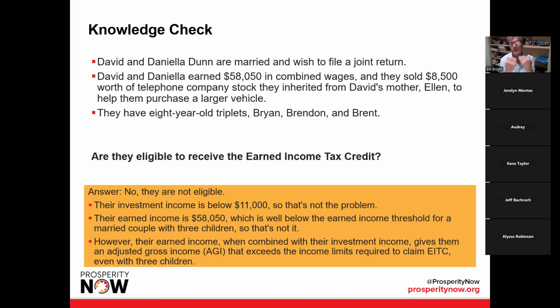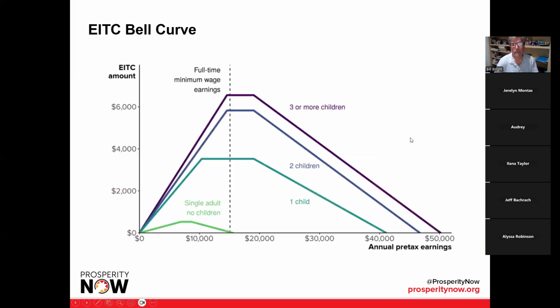So there's this earned income and AGI, and you have to meet both tests. For our clients, that's generally always the case. There's not a difference between the two because there's not going to be these added income sources that would push them out of the adjusted gross income test.